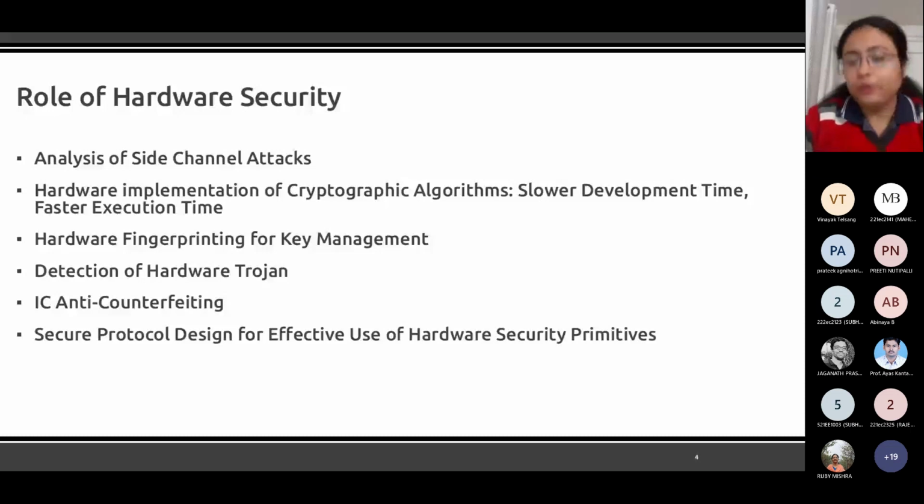So today we will be mostly focusing on PUF, which is a hardware fingerprinting tool, and then we will talk about how to securely implement PUF for an authentication protocol. So that is the title of the talk eventually.